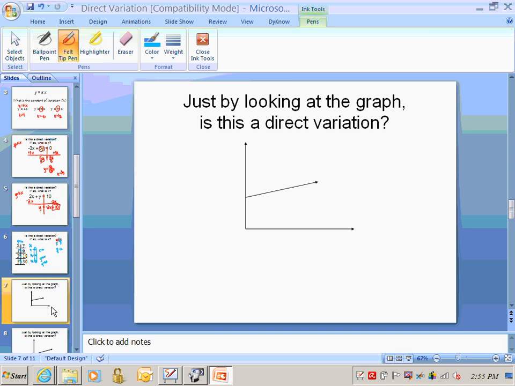When we're looking at it graphically, if we know that the y-intercept has to be 0 back here, it has to run through the origin. Does this graph run through the origin? Does it have a y-intercept of 0? No. So this is not a direct variation.